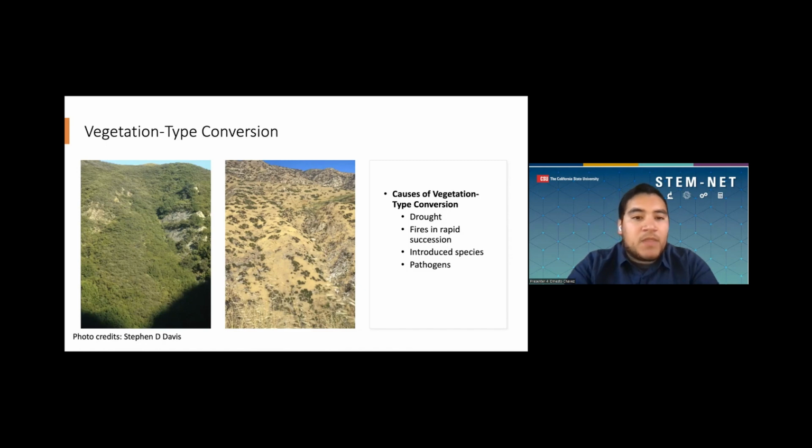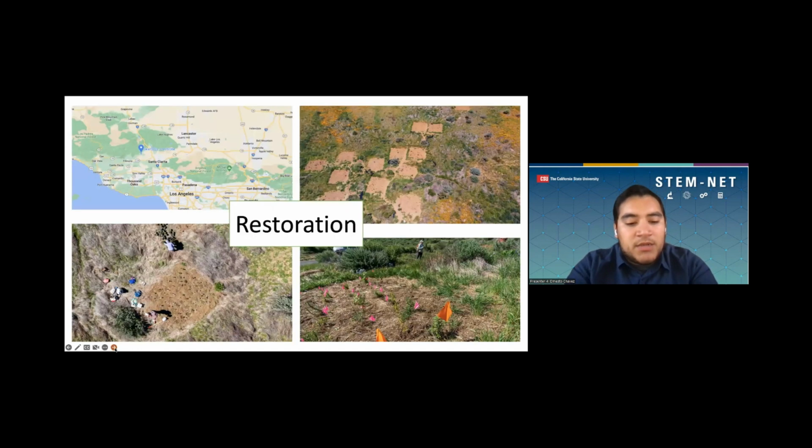And this has been the main objective of the restoration project taking place at Lake Piru in Southern California, just some distance north of Los Angeles. These are some of the restoration plots that we have been working with, and some of the species that we have also been working with.